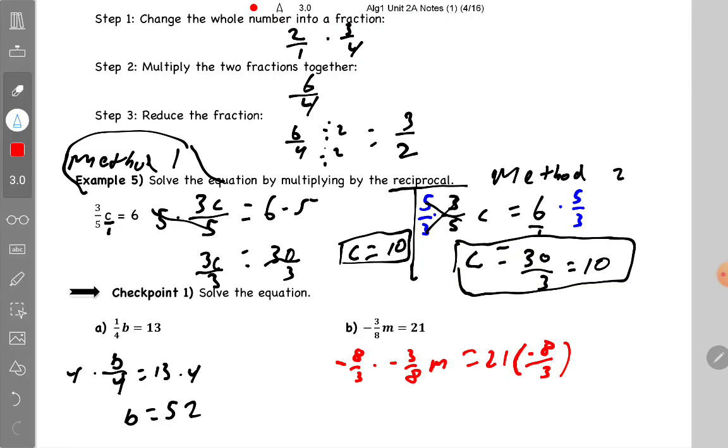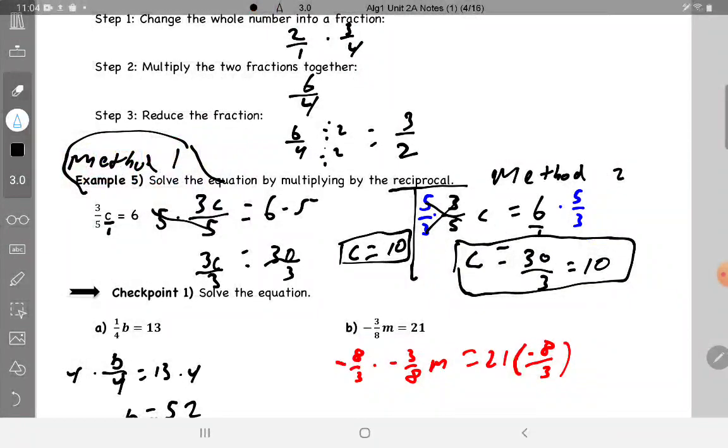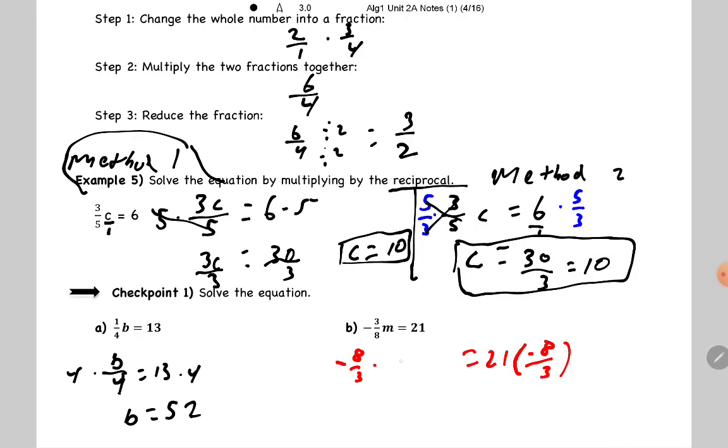Let me rewrite that, because I wanted certain things in black. Negative 3/8m equals 21. Okay, I'm multiplying both sides by negative 8 over 3.